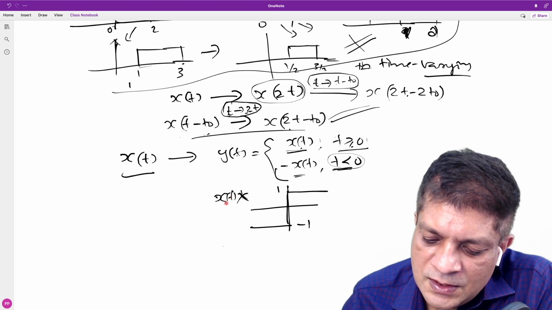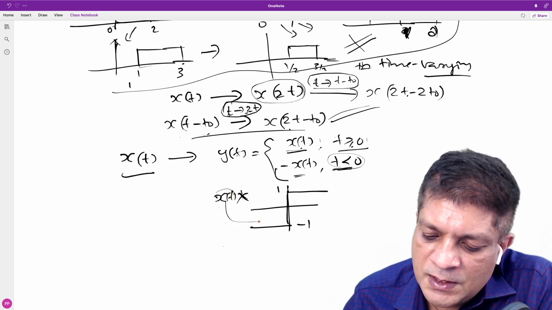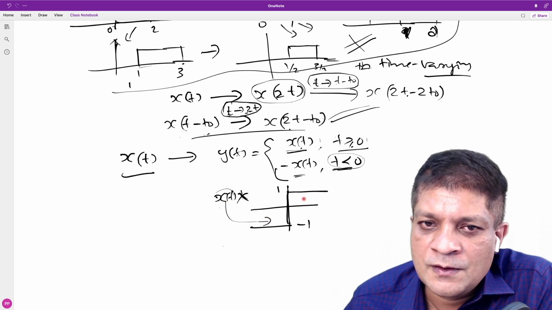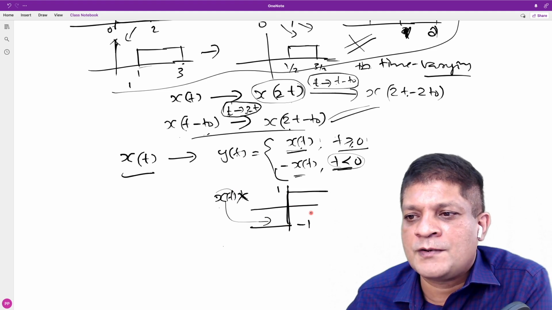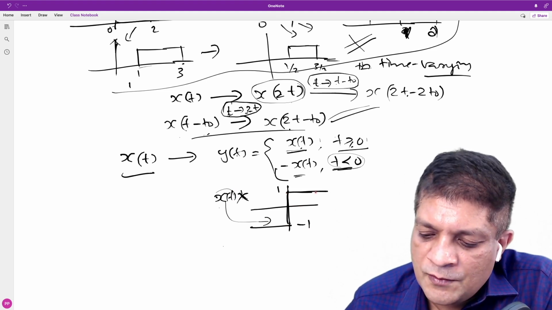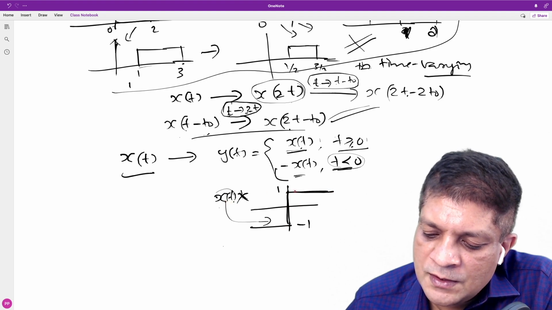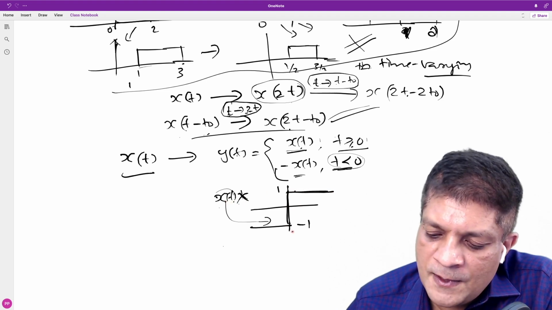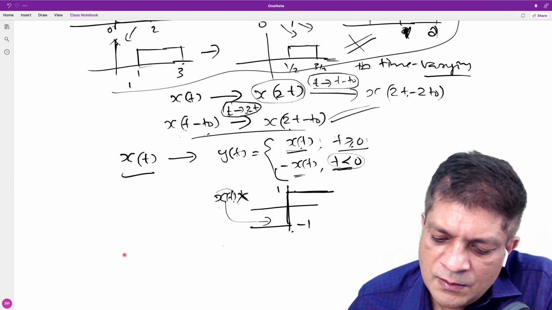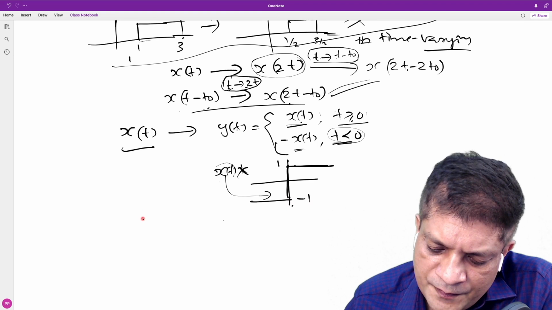If this is x(t), any input signal x(t), it is multiplied with a function like this. This is called a signum function. Anyway, we'll discuss that later on. For positive values of t it is the same, and for negative values, it is multiplied by minus 1.